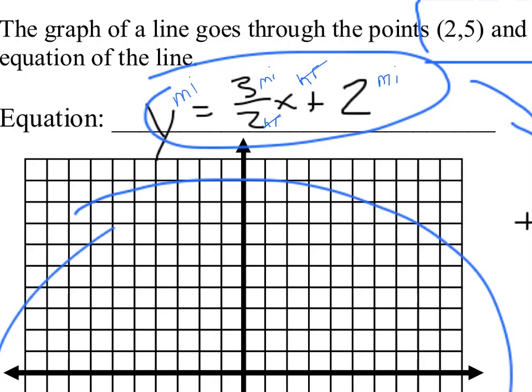Okay? So what I know is that I've got to write a word problem that has the rate of 3 miles for 2 hours and has a starting point of 2 miles. And then I should be able to develop a problem from there. When I write my word problems, because it makes the most sense to me, I start by explaining the situation and the starting point.